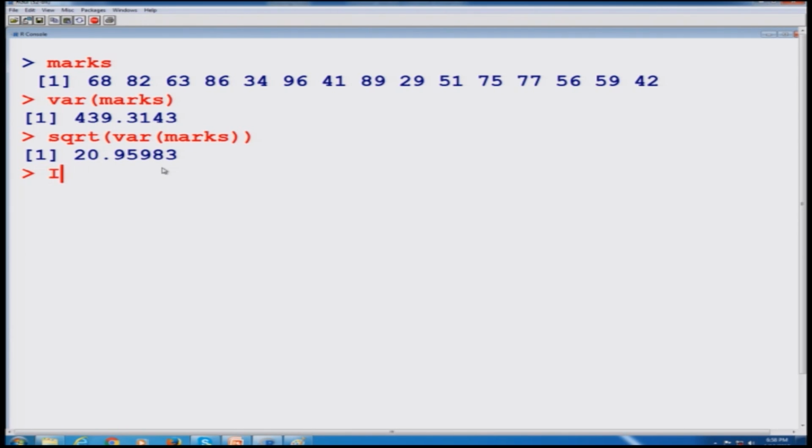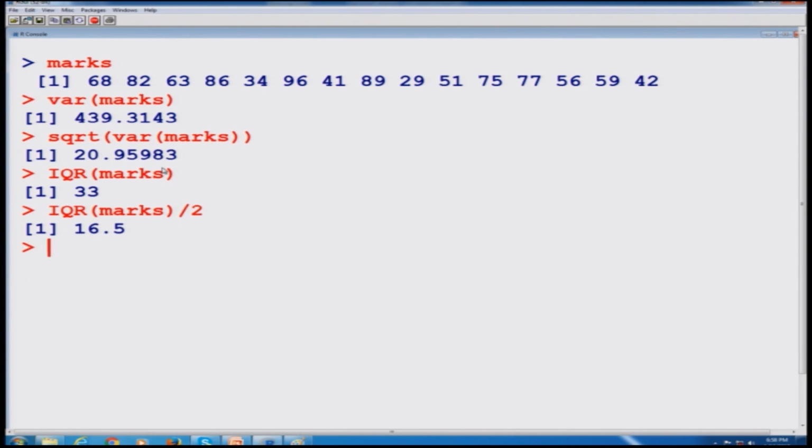Now if you want to find out the interquartile range, you simply have to type IQR and the data vector, here marks. This gives here 33. Similarly, if you want to find out the quartile deviation, which is half of the interquartile range, you simply have to write IQR of marks divided by 2, and this gives here this value.